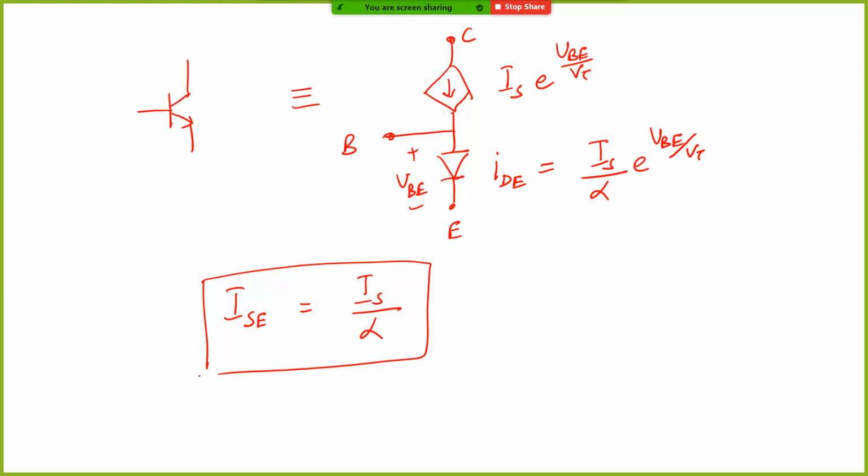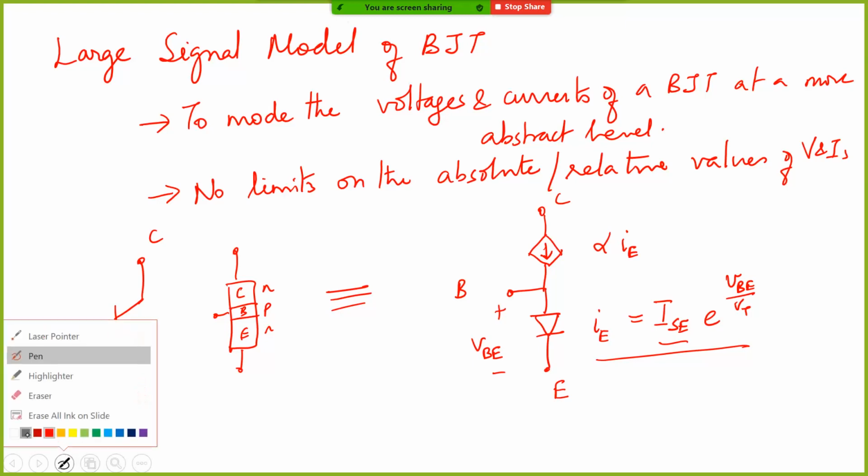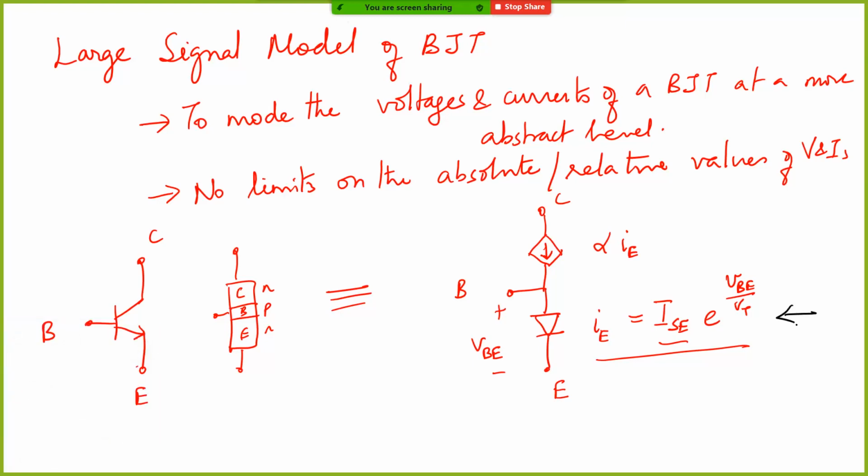Any questions? I think many of you had the doubt, like what is this IS? How is it related? I think I explained it last class itself. I think this large signal model kind of clears all your doubt. It is a diode. The emitter current is actually the diode current, the diode current which is given as some constant ISE, which comes from the diode equation, e to the power of the voltage across the diode divided by VT, and the collector current is defined as alpha times this IE.